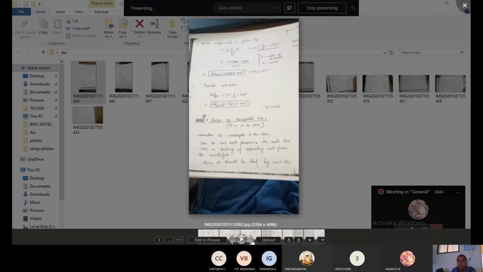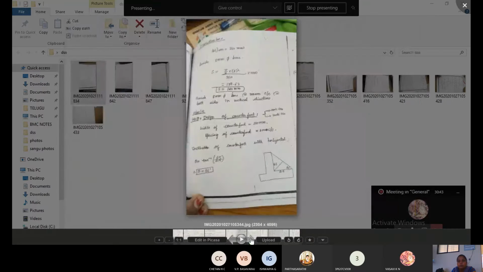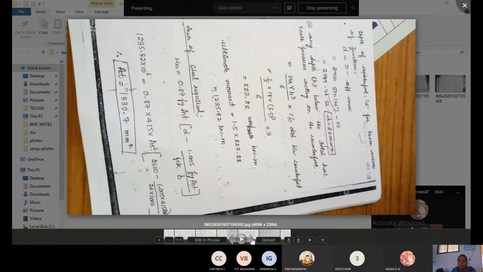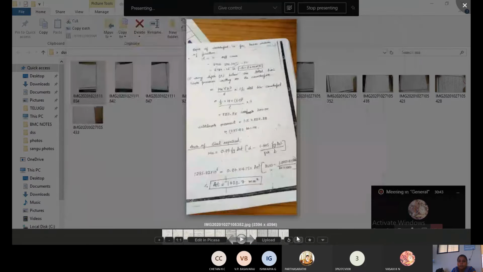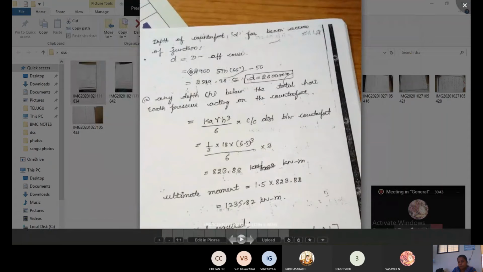In the next step, we will calculate depth of counterfort. Here, depth of counterfort d for beam, across the junction. So d is equal to capital D minus effective cover. Here, small d we have to calculate.